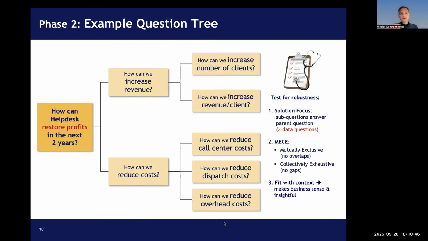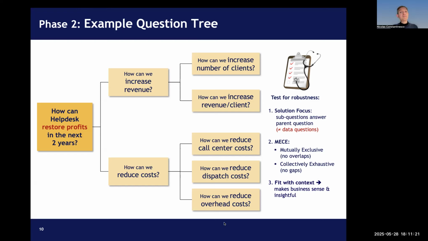In other words, we want sub-questions such that if we get good answers to them, it actually gives us a partial answer to the bigger question we're trying to solve. Because in this way, it's extremely efficient, instead of simply questions that just produce data, and we don't know if this data will help.